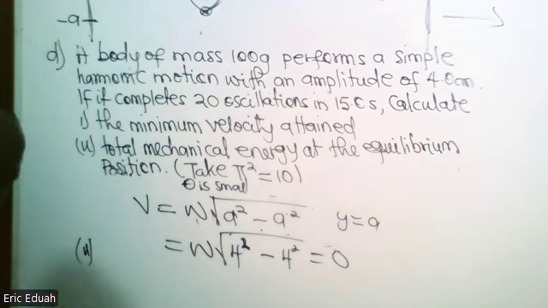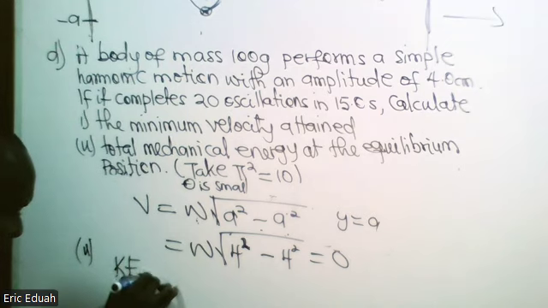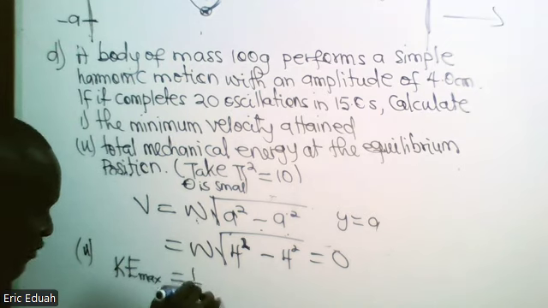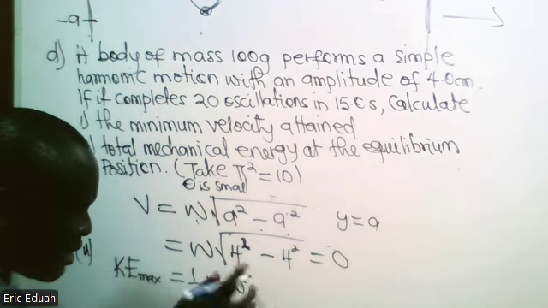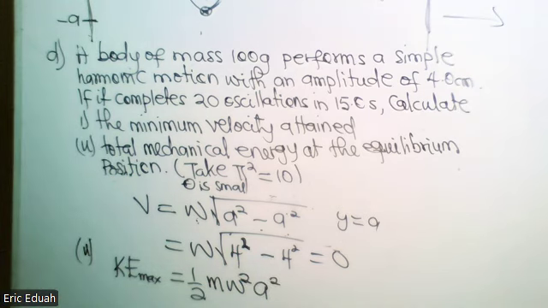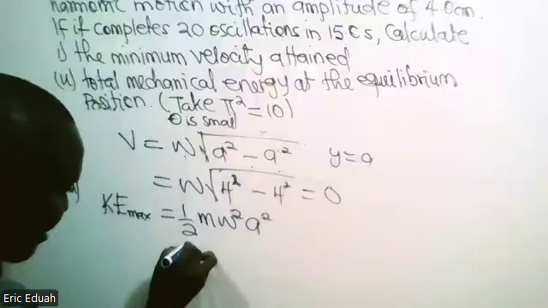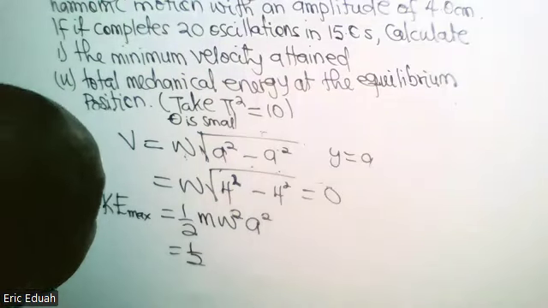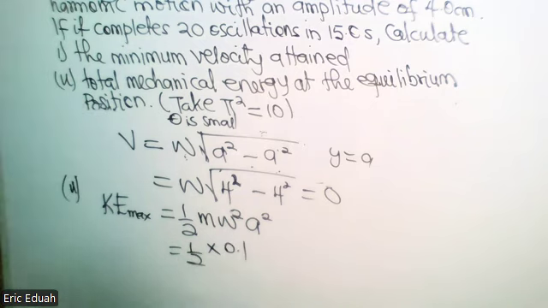So when I determine maximum KE, K maximum, which is half m omega squared a squared, the mass is 100, so times 0.1.